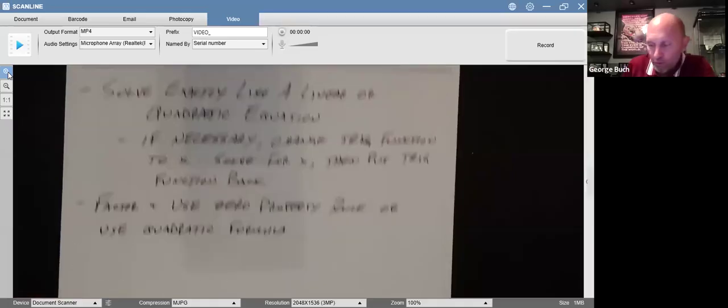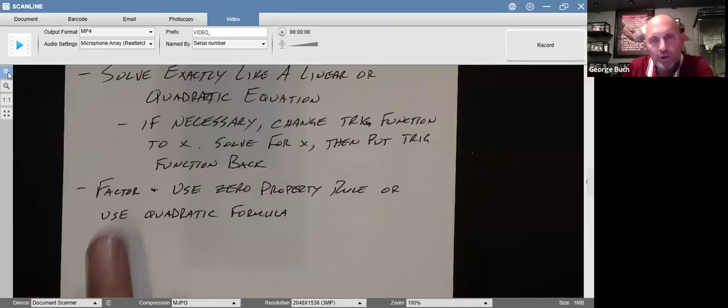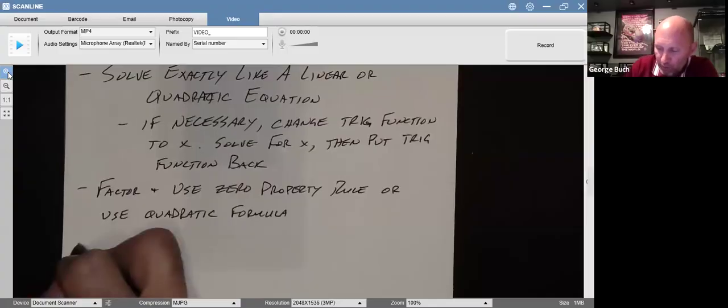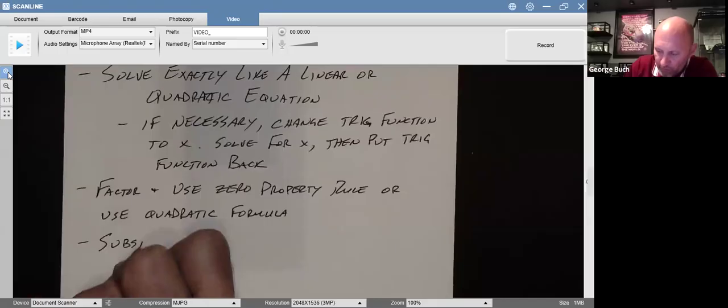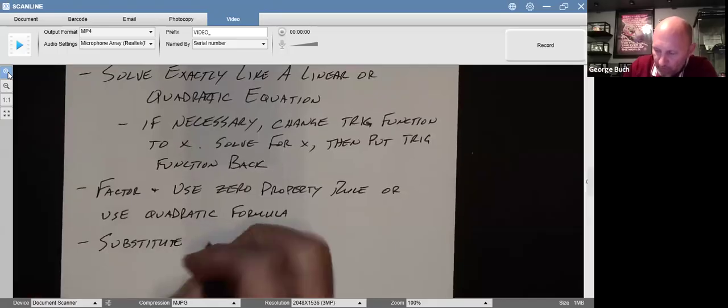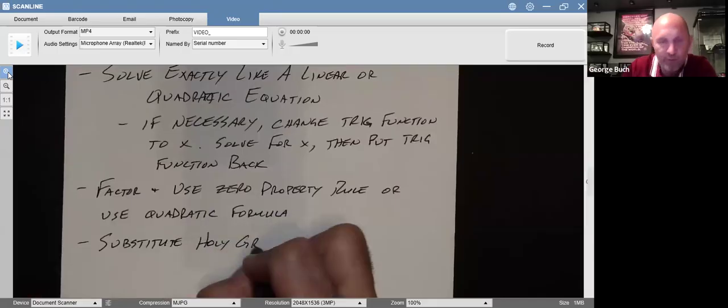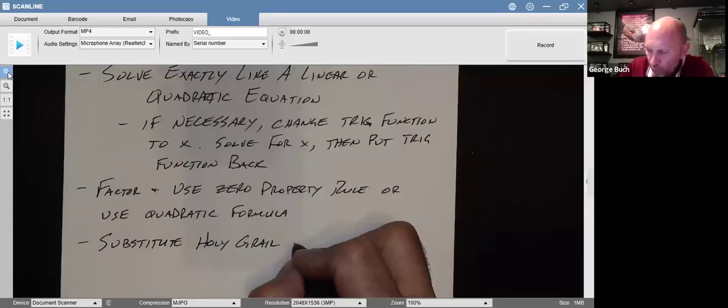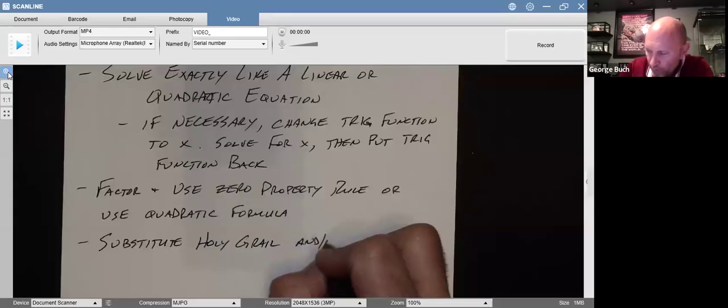The thing, though, is to factor or to use the quadratic formula, we have to have the same variable, right? All x's, or all y's, or all cosine, or all sine. So what we're going to want to do is substitute with the Holy Grail, our main trig identity, the Pythagorean identity, and/or our double angle formulas.